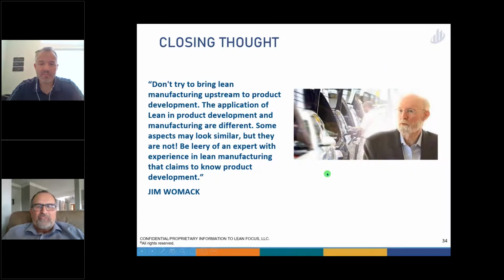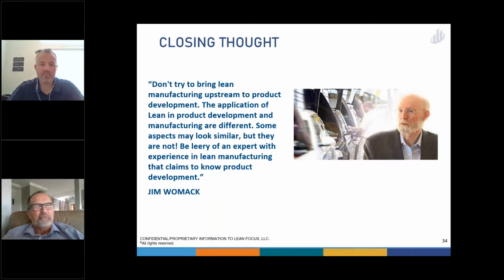And then I want to give you one closing thought, and this is from James Womack. He's one of my favorite authors, one of that original group that brought lean thinking from Toyota to the United States. He's got a lot of wisdom. This is advice he gave to Harley Davidson: don't try to bring lean manufacturing directly into product development.